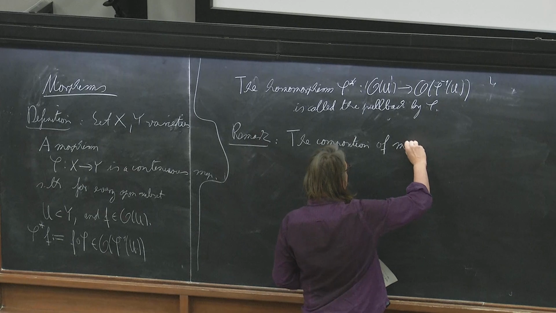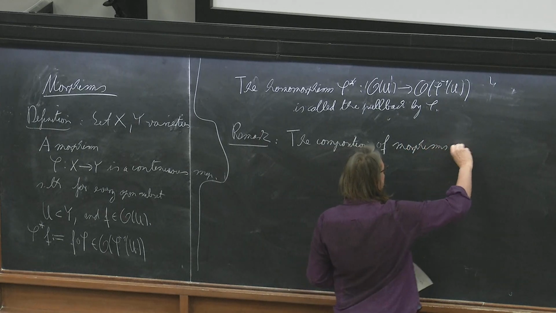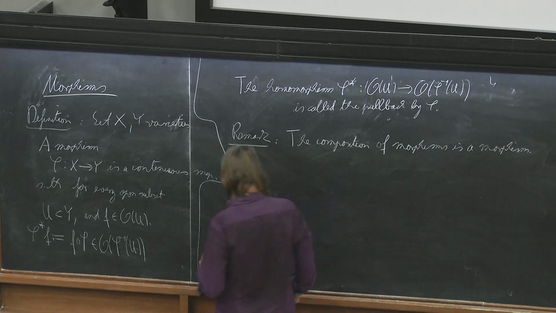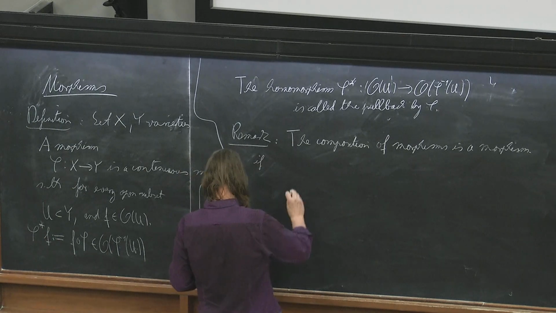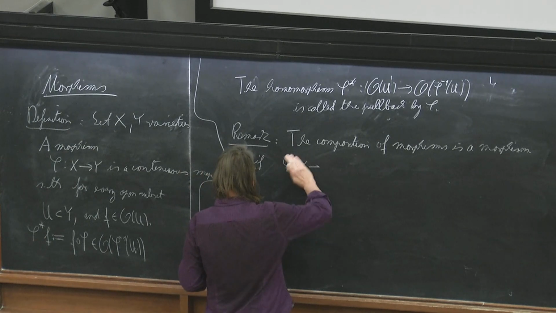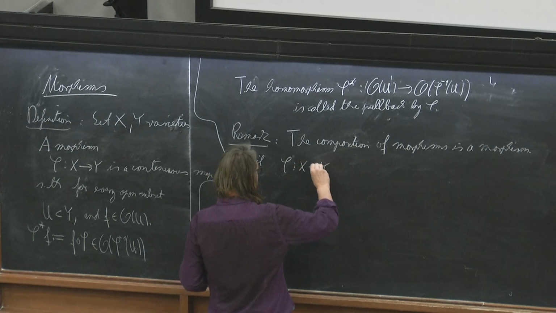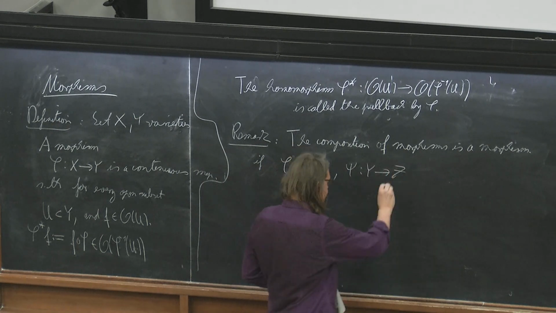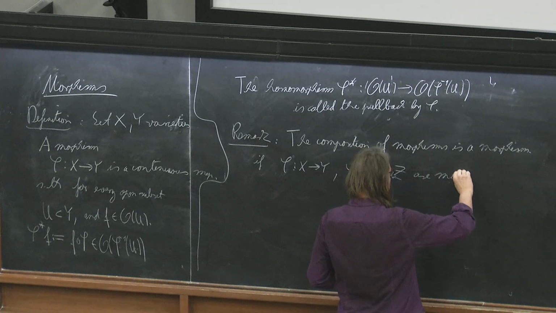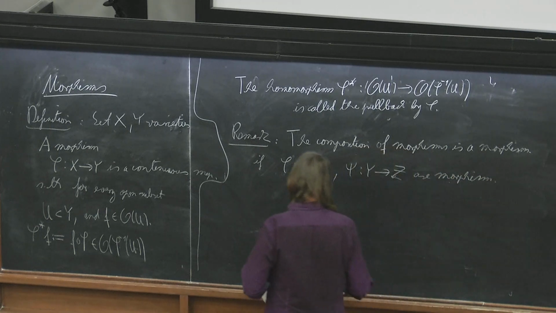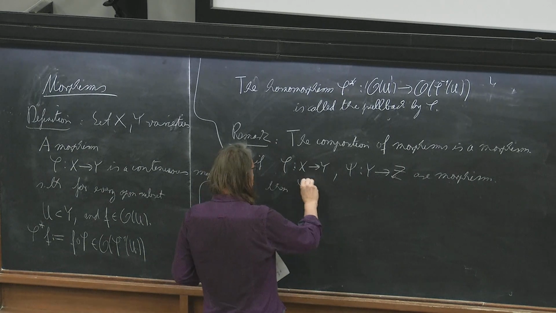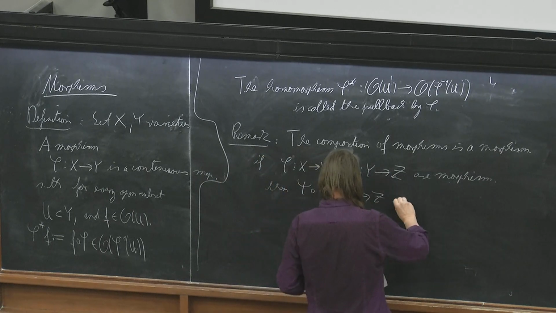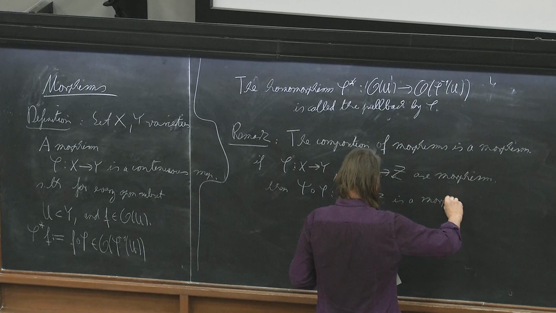Of morphisms. Morphism. So if phi from X to Y and psi from Y to Z are morphisms, then psi composed with phi from X to Z is also a morphism.